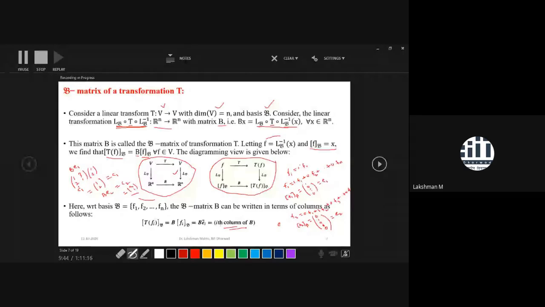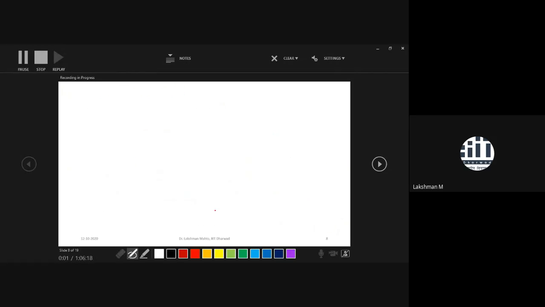So easily, with the help of the basis elements, you can get the columns of B. That means the matrix B can be written in terms of columns, where each column comes from the coordinate of the image of the ith basis element. So that is the generalized approach to find the matrix of a given linear transformation.